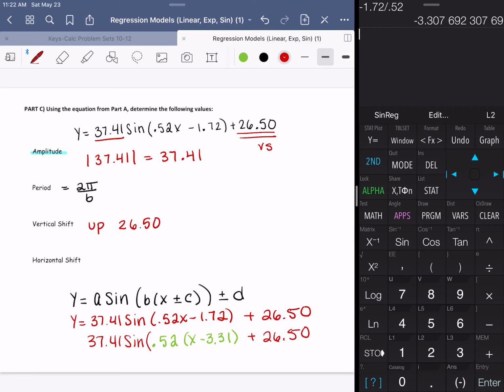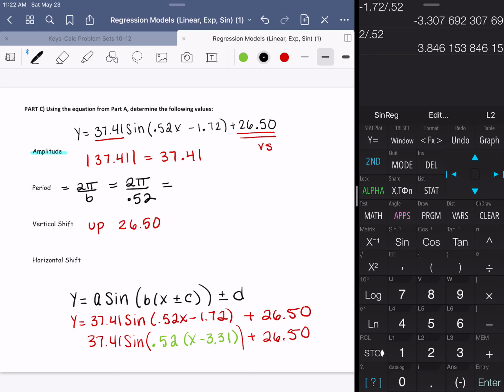So it's almost like now this is my equation. My b value is still the 0.52, so we can do that for the period. 2 pi over b, which is 0.52. In the calculator, I'm just going to divide 2 pi by 0.52.